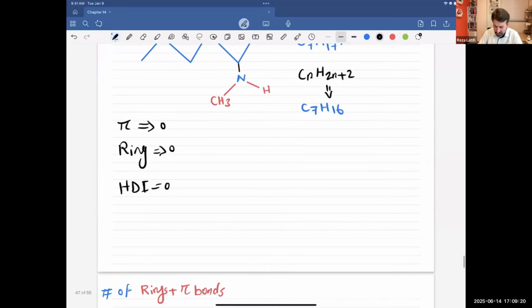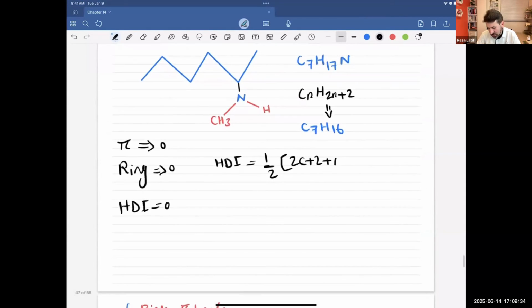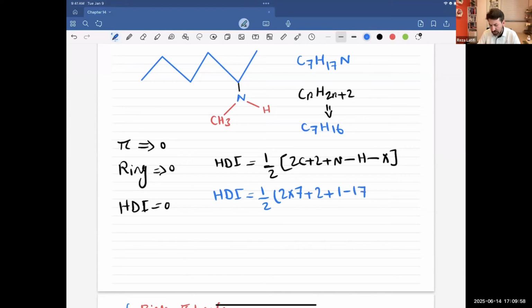The hydrogen deficiency index is half of the number of carbons times 2 plus 2, plus nitrogen, minus hydrogen, minus X, the halogen atoms. I have 7 carbons, so 2 multiplied by 7, plus 2. How many nitrogens? 1. How many hydrogens? 17.